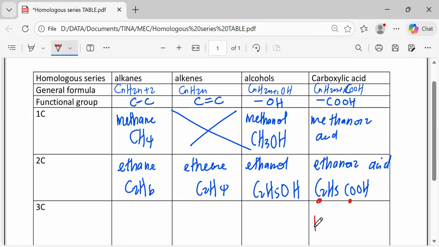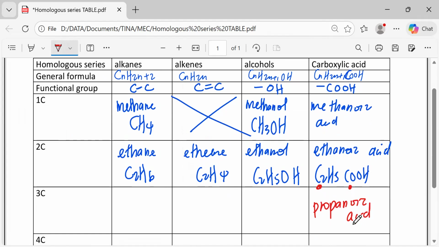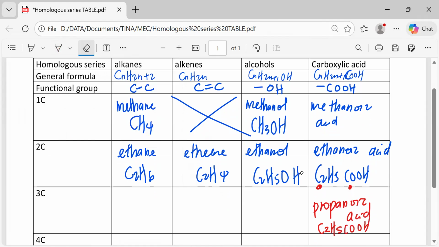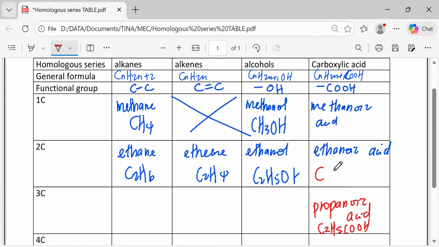If you have three, it's called propanoic acid. So ethanoic acid is CH3COOH. Get it? Do you get it now?